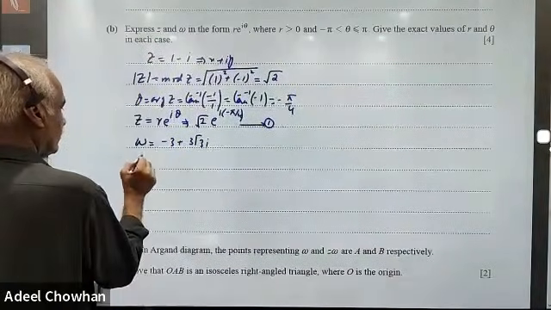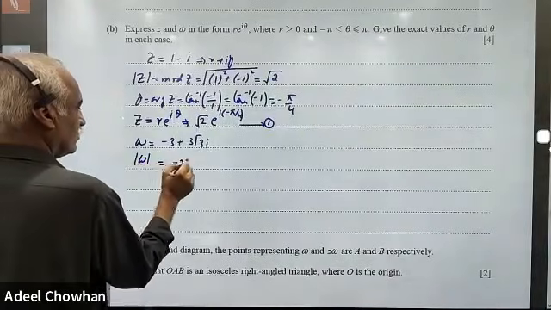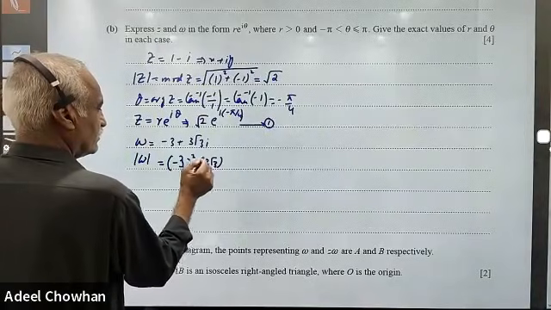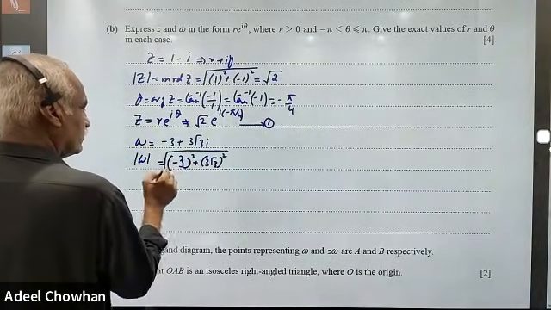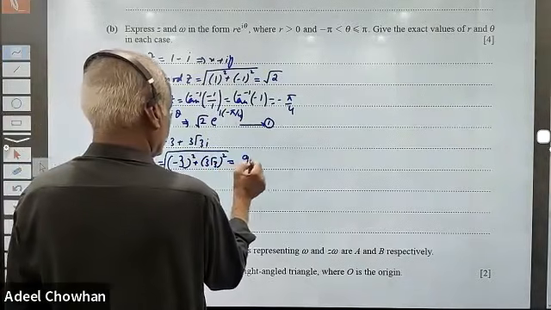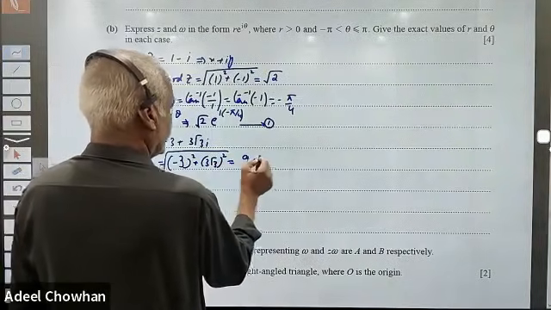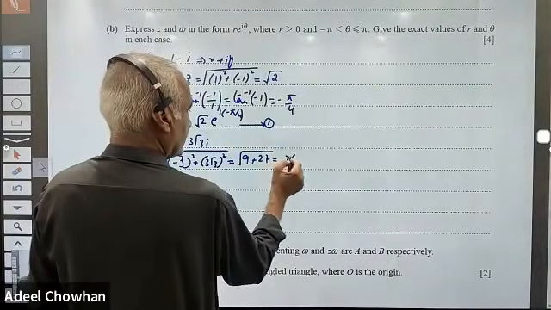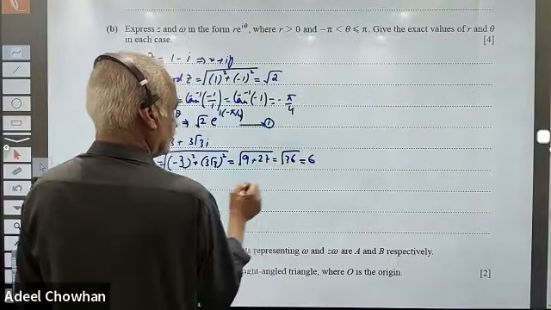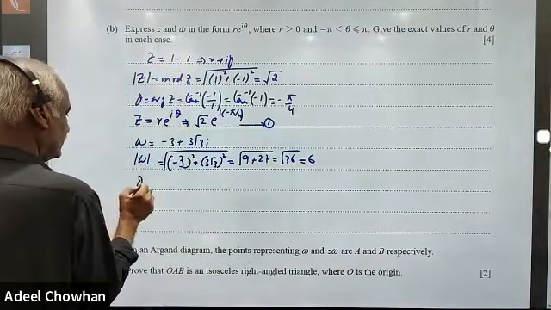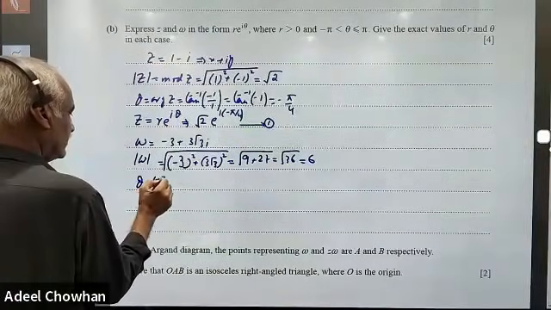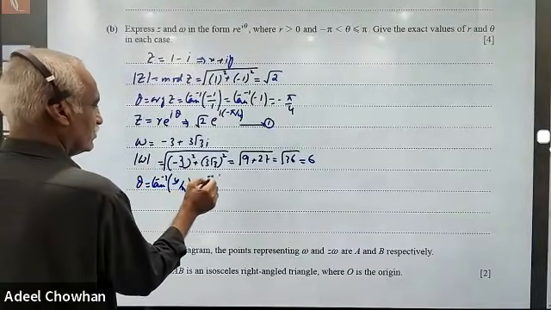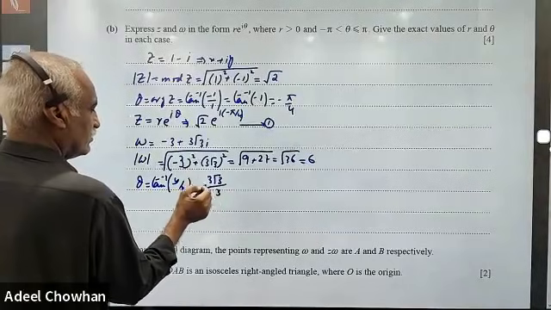Again, modulus of w is equal to square root of minus 3 square plus 3 root 3 square, which is equal to 9 plus 9 into 3, that is equal to 36, and that is equal to 6. And theta there is tangent inverse of y over x, so that is equal to 3 root 3 over minus 3.